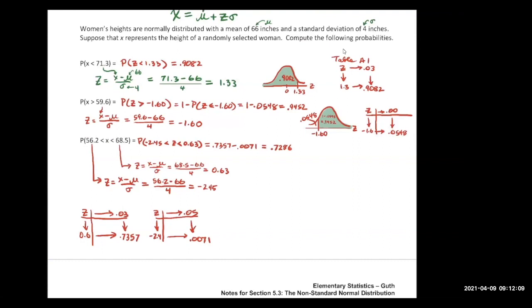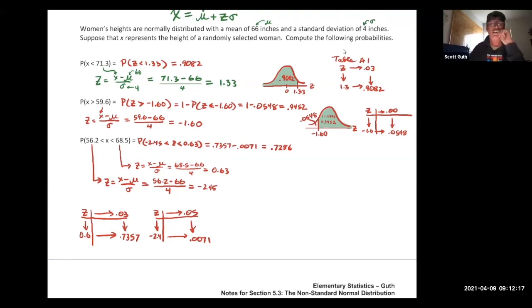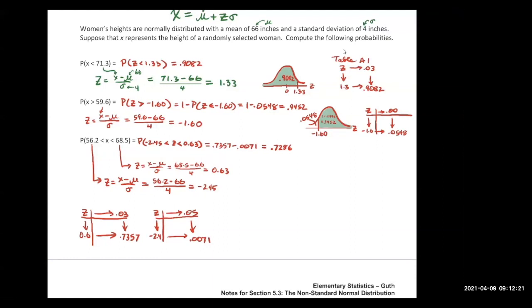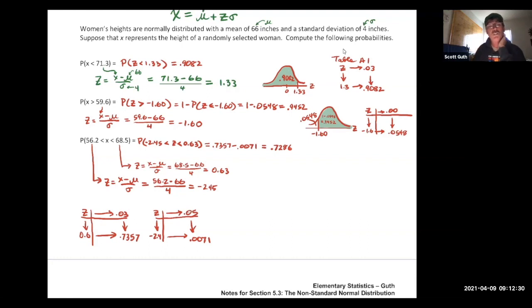I have a question. Yeah. So this entire time I thought that when we're looking up numbers on the table, we were looking for the z-score. We are. But the rule says to subtract the area. Yeah, but we're looking up the z-score.